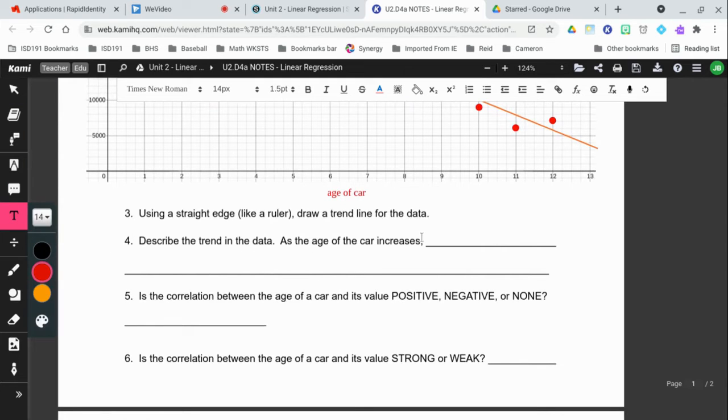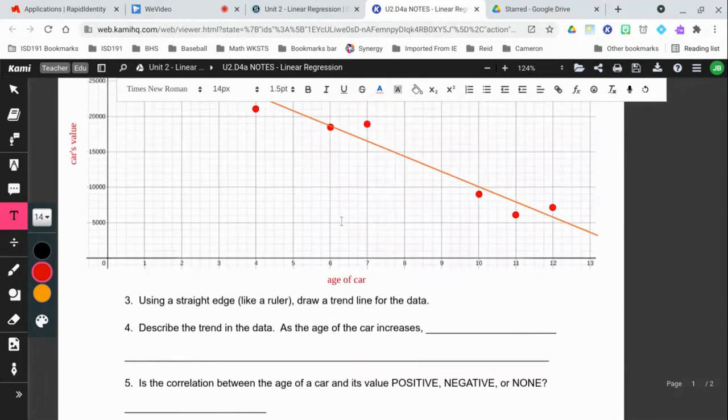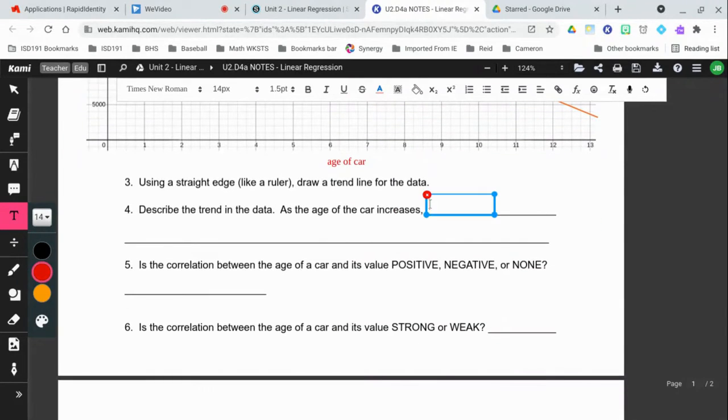As the age of the car increases, the value of the car decreases. So I'm comparing the variables there. Age of the car was my independent variable. Value of the car was my dependent variable. And I'm explaining what's happening. Are they increasing or decreasing for each one?